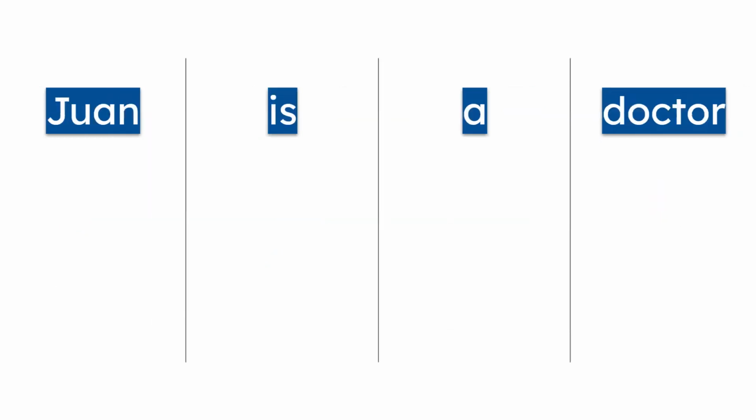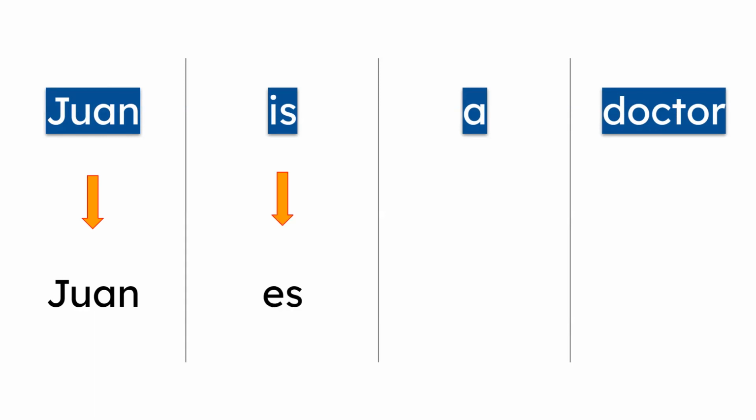Now, for the third person, I have a name here. Juan, a very typical name in Spanish. Juan is a doctor. Juan stays Juan. In this case, we have the third person, so we need to conjugate the verb to be, ser, for the third person, which is very similar to English, actually.